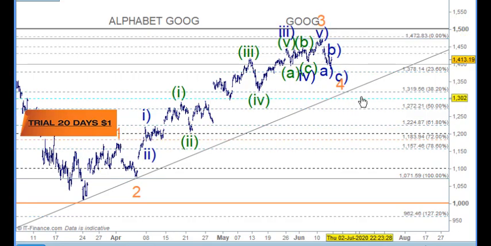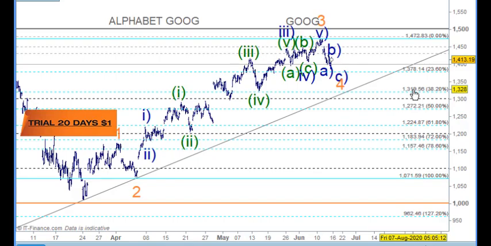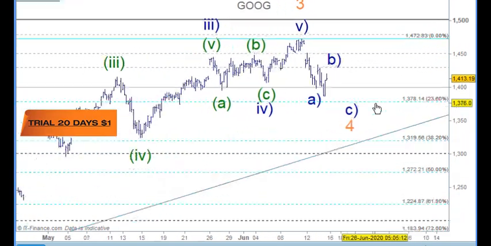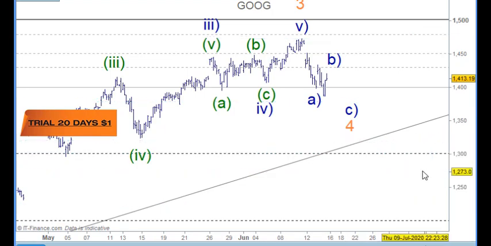The 38.2% retracement level is down lower through here. This market hasn't really finished off very nicely to the upside either, so I'm not going to worry too much about where it drops back into here, but we could be looking at this wave 4, and we should see some sort of same length here.